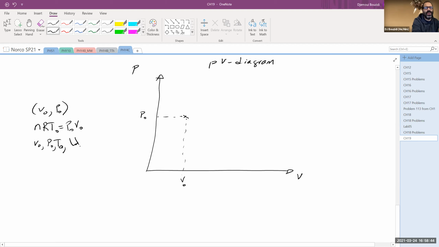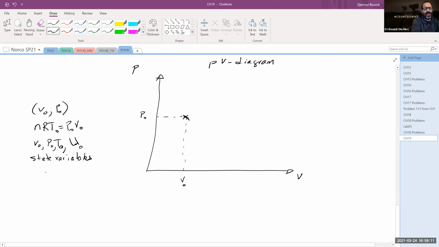We don't care what its value is because most of the time we care only about the change in energy. So these are called state variables, meaning at this point, which is the state of the gas, we know all of these values. They're given, they're known, or they can be calculated, basically, okay?